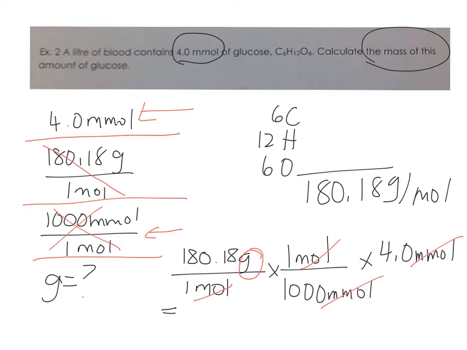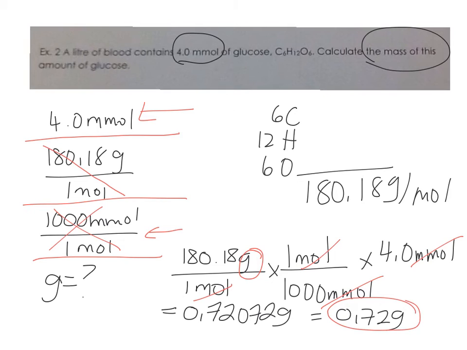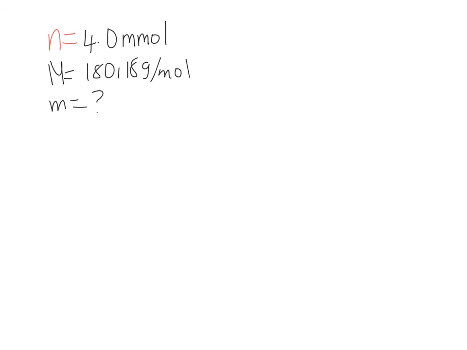Check your starting numbers to see how many significant figures you can have. We can only have 2 for the 4.0. So here's our answer: 0.72 grams.